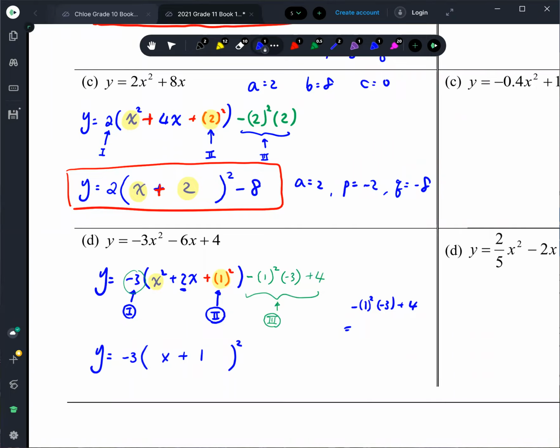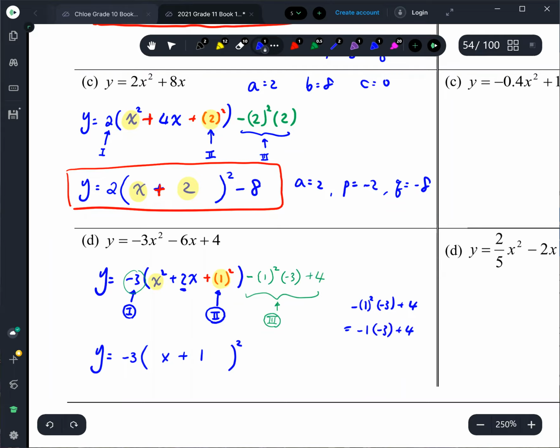Okay, exponent here, what does it become? 1. 1 squared will be 1, right? Yeah. Will that negative disappear? No. Okay, so -1 times -3 plus 4, like that now, right? So it becomes +3 plus 4, so it should end up with 7. Okay, so plus 7. So that's your standard form right here.